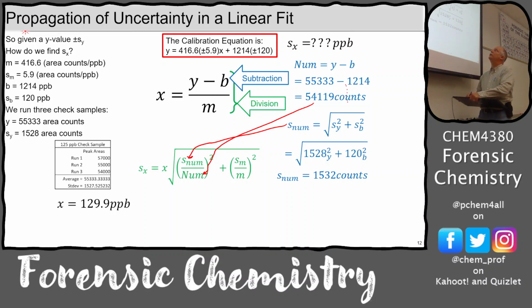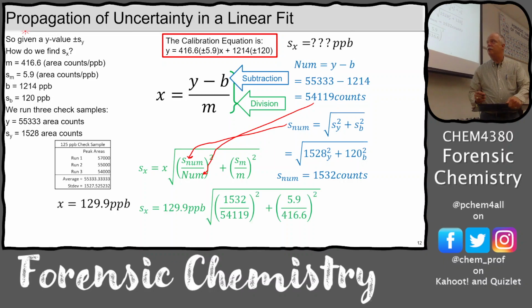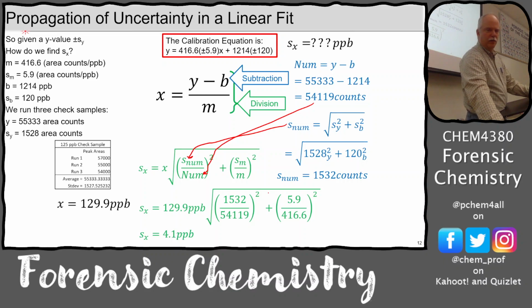And so we come over here, we get the numerator and the uncertainty in the numerator. And so this is now the 1532 divided by the numerator value of 54,000. Put all those pieces in your calculator, and we end up with 4.1 parts per billion.